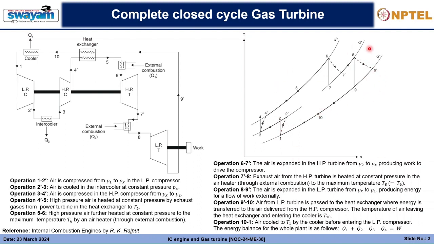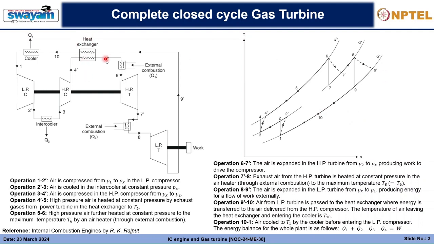So what happens is that some part of this heat reduction is utilized in gaining heat for the compressed gas from 4 dash to 5 in this heat exchanger out here, and the other part which is not removed is removed by using a cooler out here, which extracts the heat and makes the cycle go to 1.